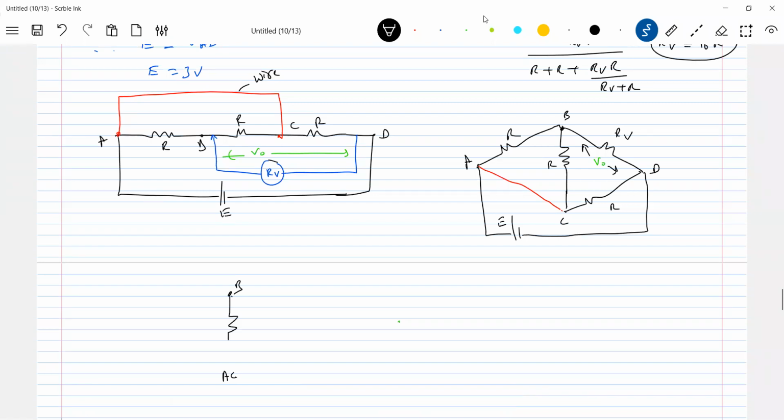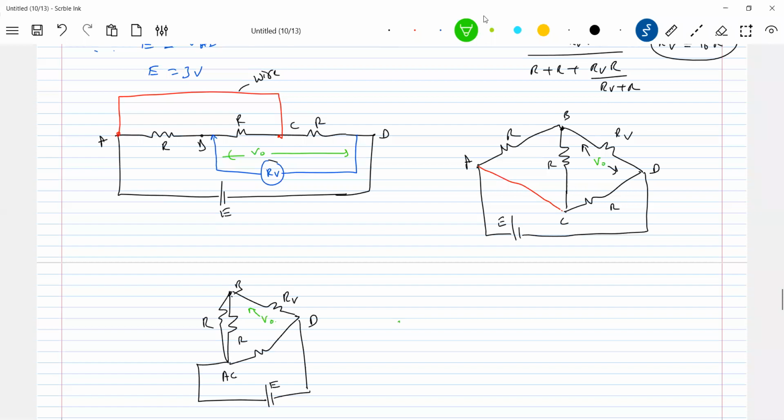So this will be R, this will be R. This is the voltmeter, and this is that R. And where the cell is connected to point A, this is the cell. And the drop we needed was V naught here. These two are R by 2.